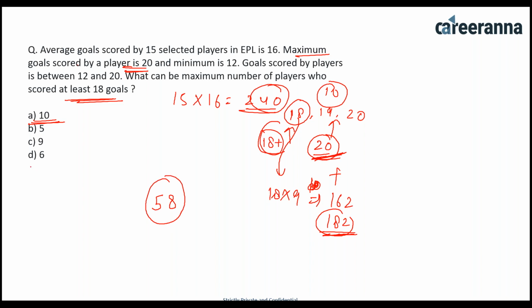How many people are left? 5, because 9 are there and 1 is this person. If I divide it by 5, what will be the value? 11 point something. This cannot be possible because the range is given as 12 to 20. So 10 cannot be the answer. Is it clear? If you have any doubt, please ask.